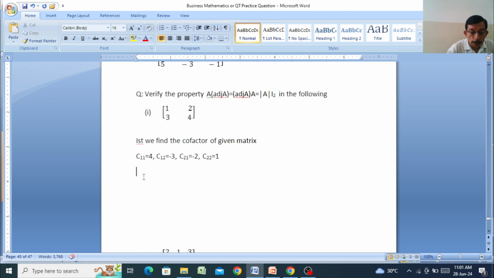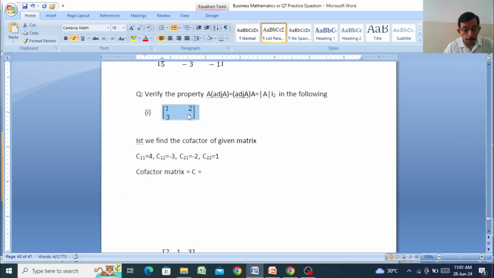Cofactor matrix is equal to, C is equal to.